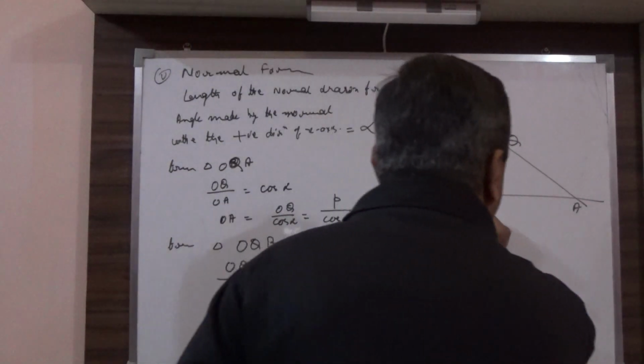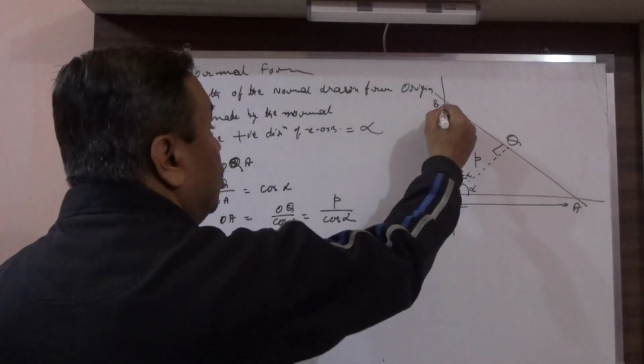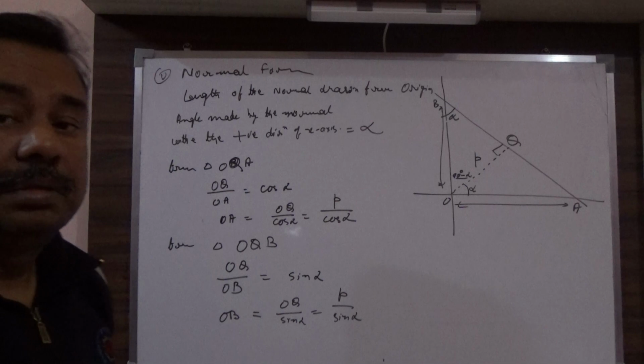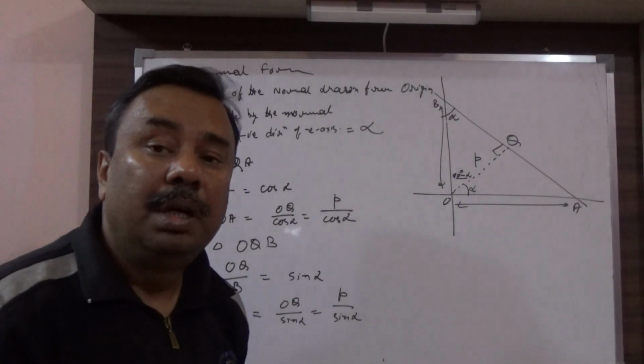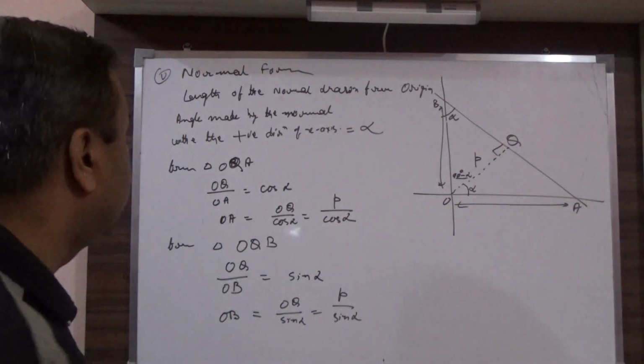Now OA is your x-intercept, and OB is your y-intercept. I can very easily use the intercept form if I know both the intercepts.